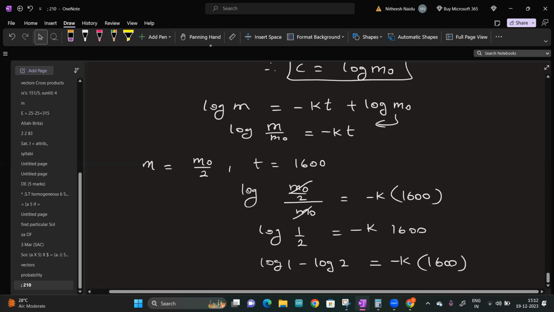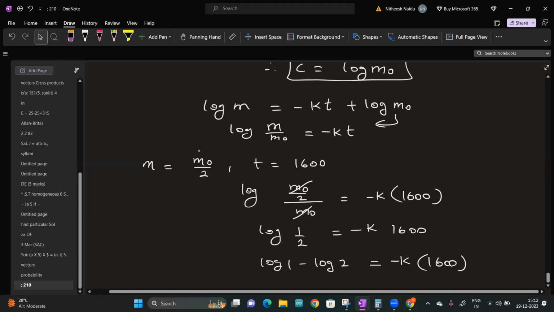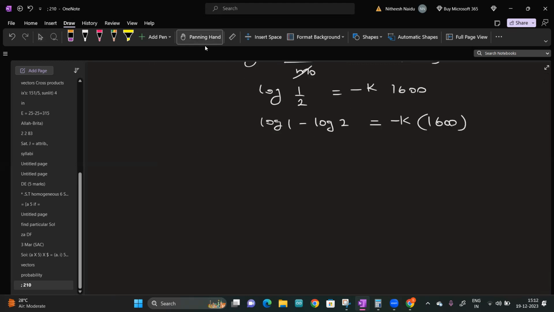You know that log 1 is 0. So 0 minus log 2 is equal to minus K into 1600.